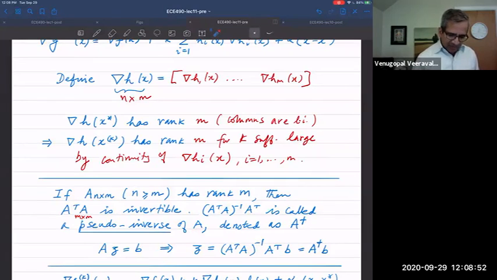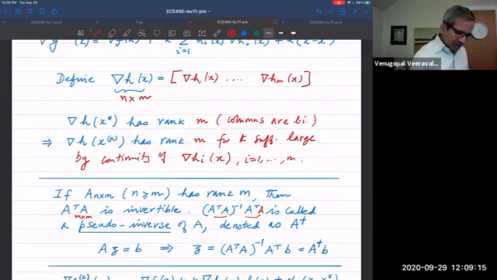And this is called a form of a pseudo inverse of A. It's like a left pseudo inverse of A, because if I multiply this by A, I get an identity matrix, since the two factors just nullify each other. So left multiplication of A by this matrix will give me the identity matrix.